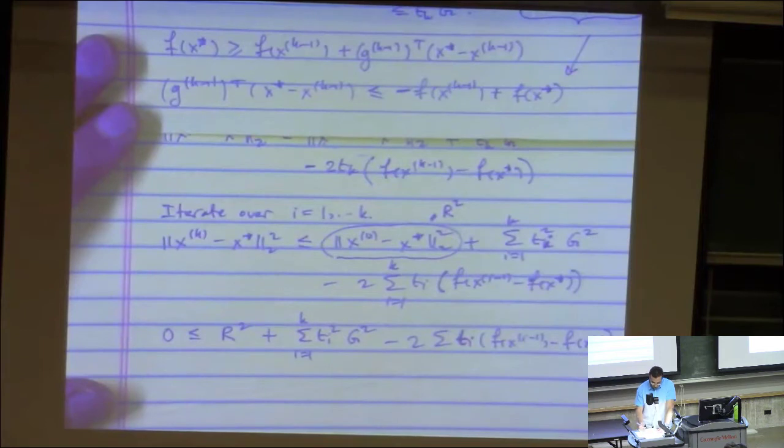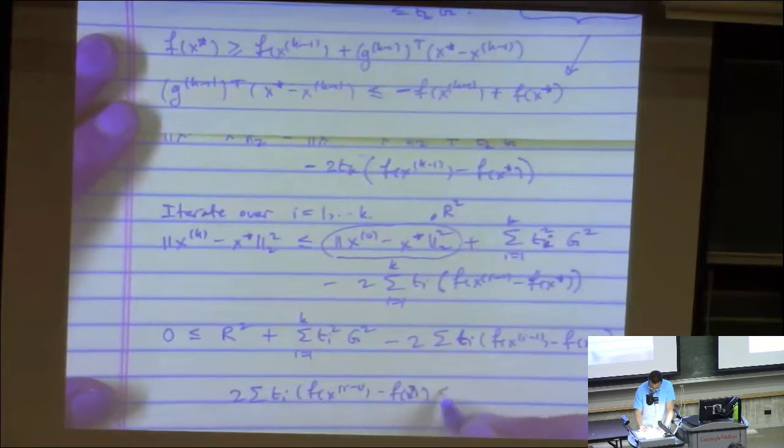So we can rearrange this, by moving this over to the left-hand side: 2 times the sum of t_i's times f of x_{i-1} minus f of x star is less than or equal to R squared plus the sum of t_i squared g squared.